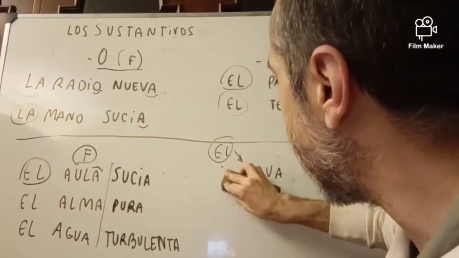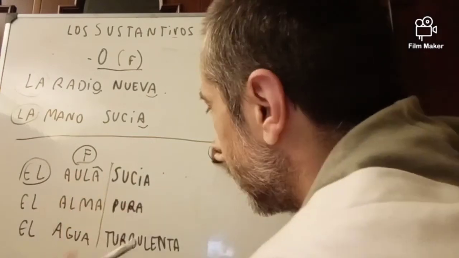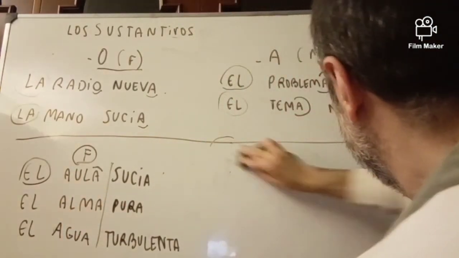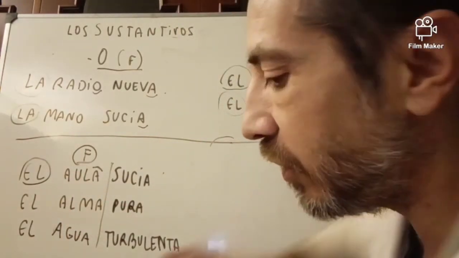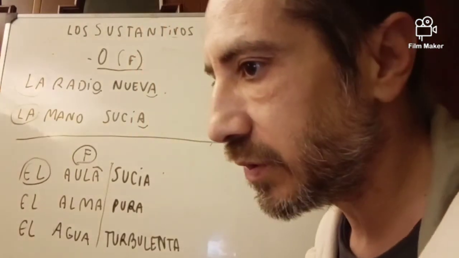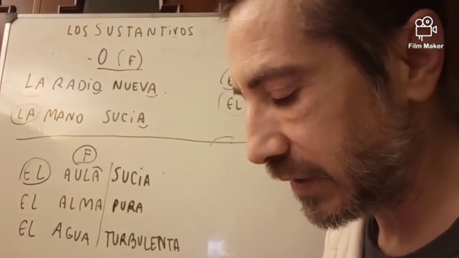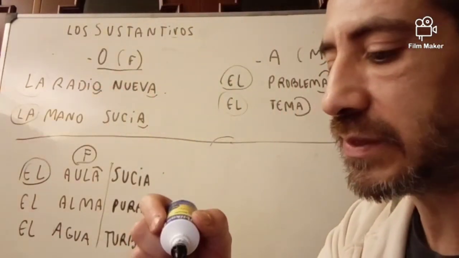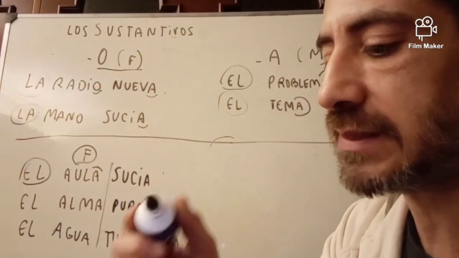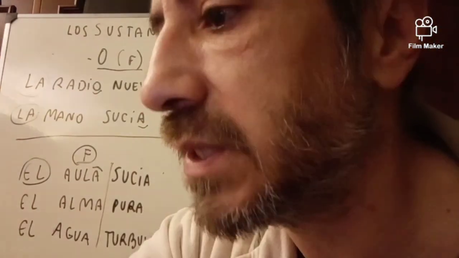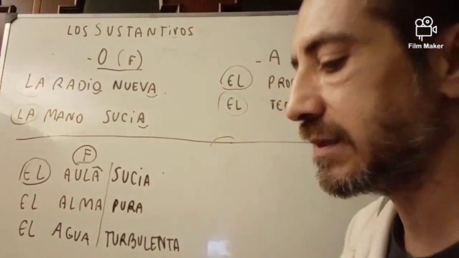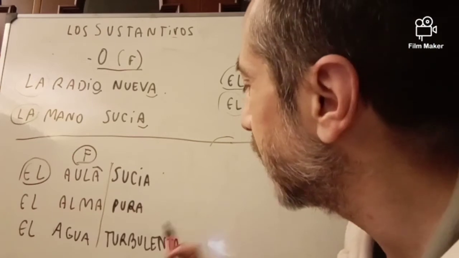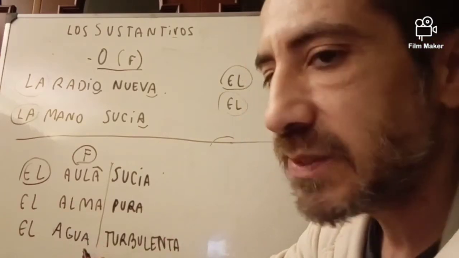We don't say la agua, we say el agua. But although this is what I want to express very precisely, because it's the tricky part of this kind of words. Agua ends with a.